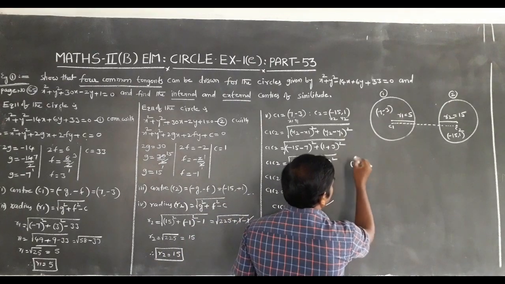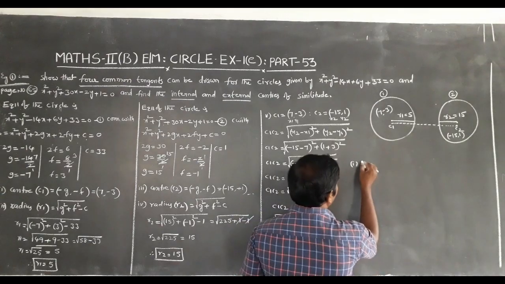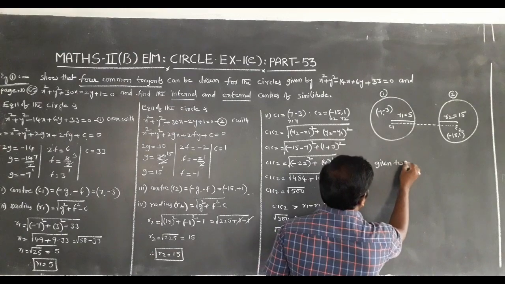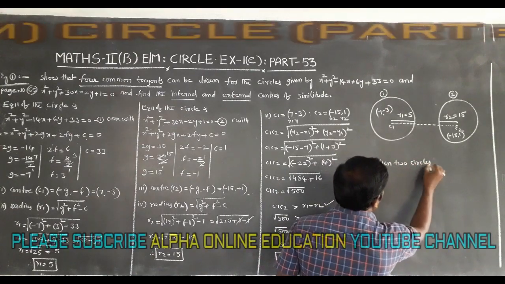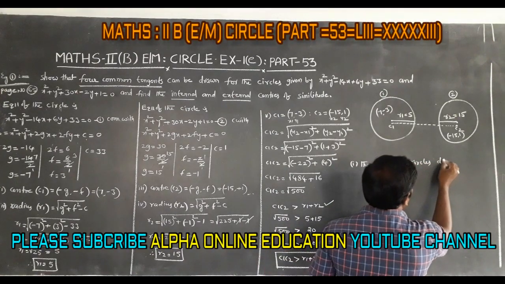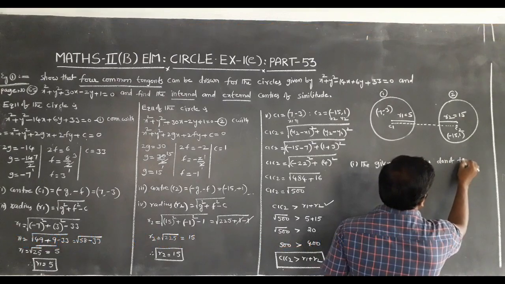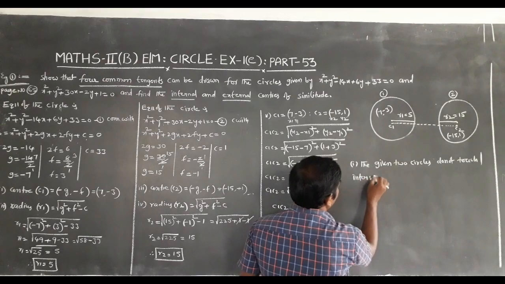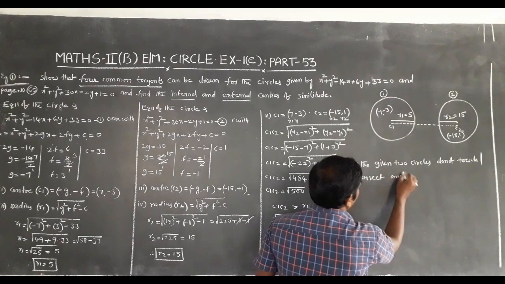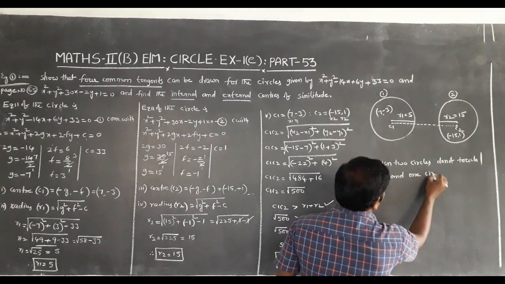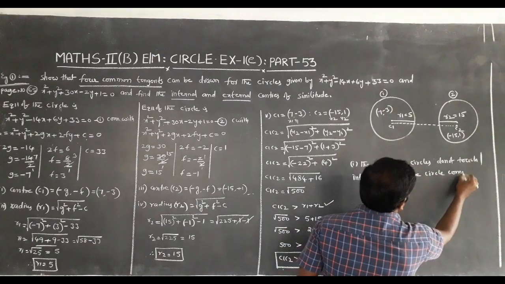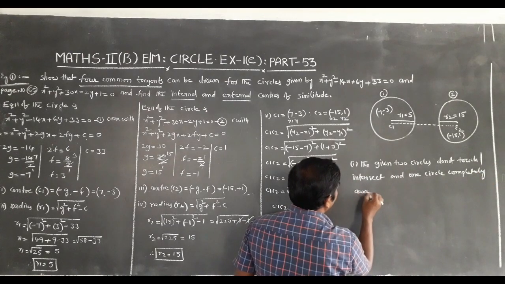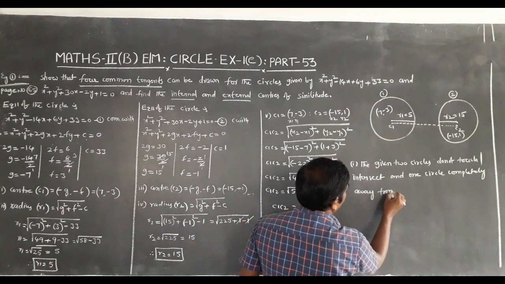In this case, the given two circles do not touch or intersect, and one circle is completely away from the other circle.